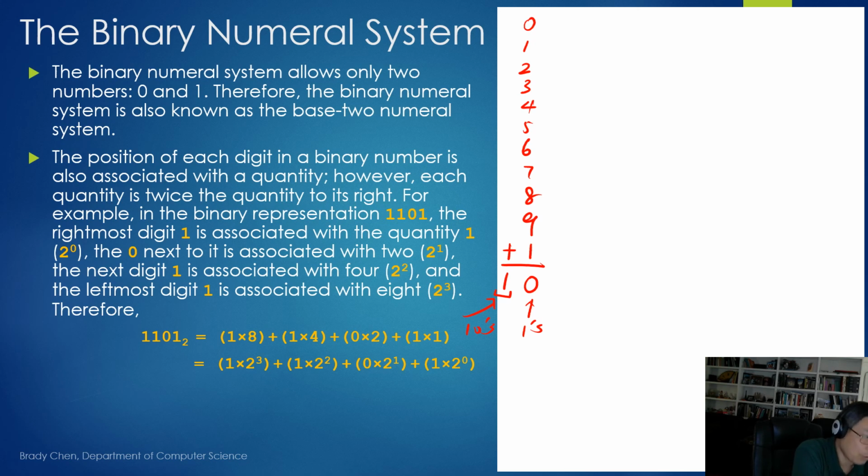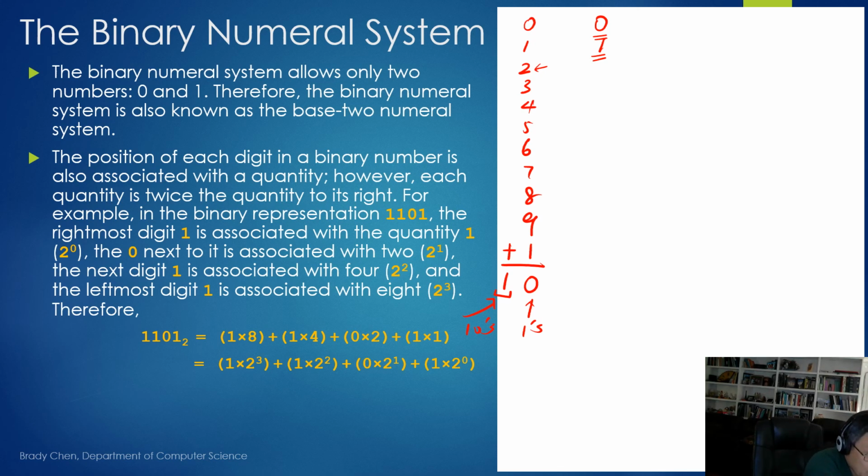Now, the binary numeral system allows only 2 symbols, 0 and 1. So that means once you count 0, count 1, and if we continue to count, if we want to count 2, we cannot introduce a new symbol. So we do similar things, just like the decimal numeral system.